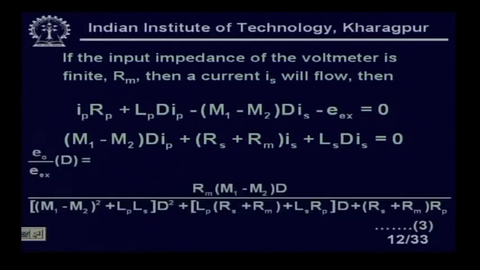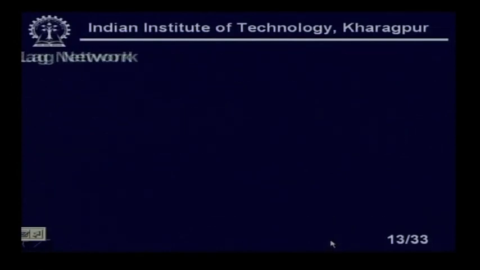Taking all this, I can write the simplification E naught by Ex as d (M1 minus M2) over ((M1 minus M2) whole square, Lp Ls d square plus (Lp (Rs plus Rm) plus Ls Rp) d plus (Rs plus Rm) Rp). This is equation number 3.